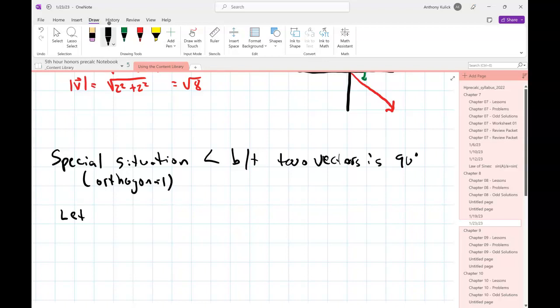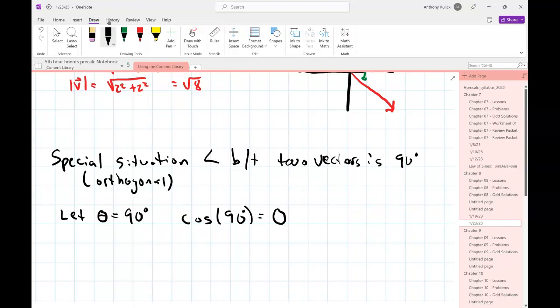Let's say that theta is the angle between two vectors, and that's 90 degrees. Remind me again, what's cosine of 90? First semester, people? It's not 1 because it's the x-coordinate.